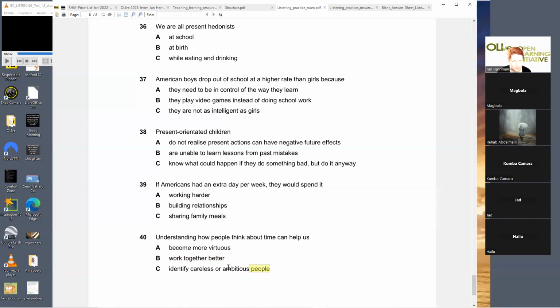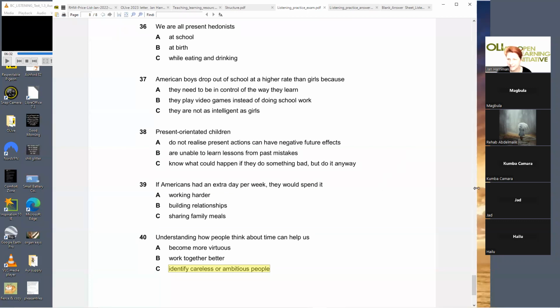And the other possibility is by understanding how people think about time, we can identify careless or ambitious people. Okay, so people who are greedy for more success, or people who don't care about anything. All right, so we have our little pocket full of synonyms for all of these.